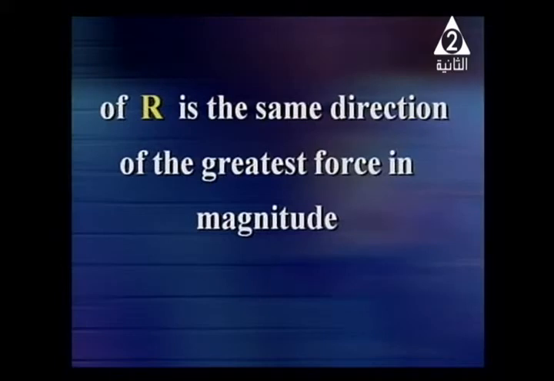Remember, dear student, if we have two forces in opposite directions, the resultant is the absolute value of F1 minus F2, and the direction of R is the direction of the greatest force. If F1 is more than F2, then the direction of the resultant is the same as F1.